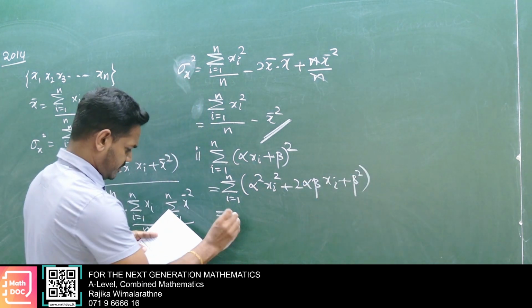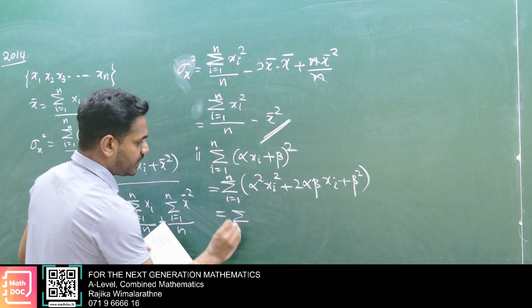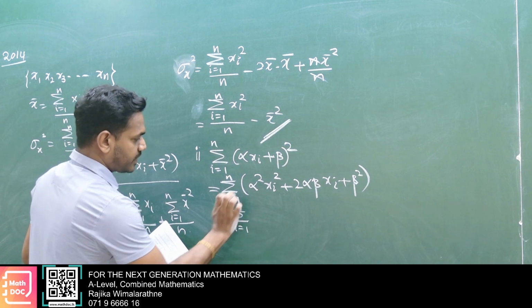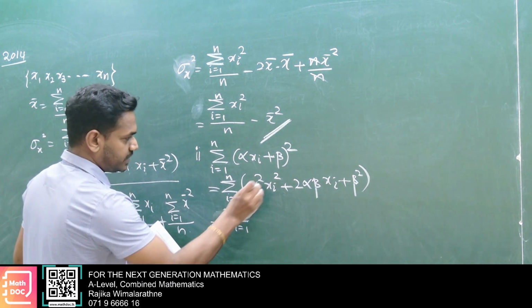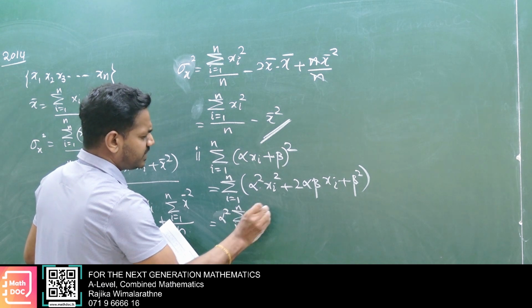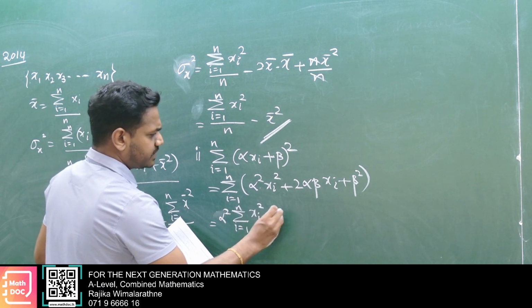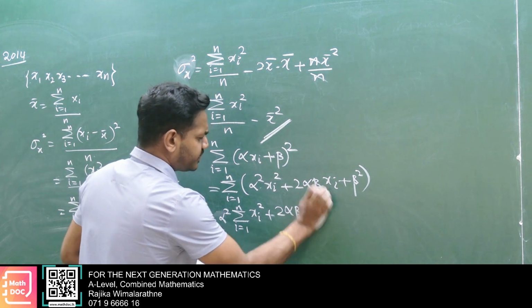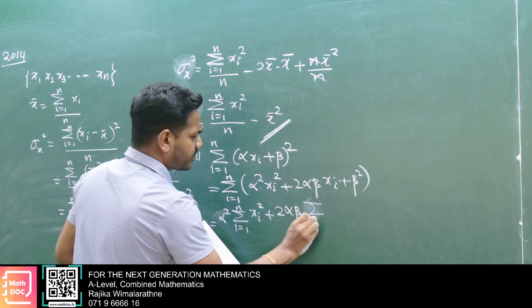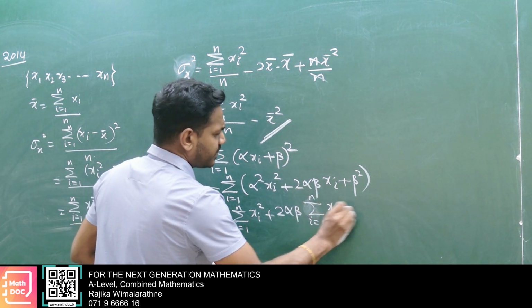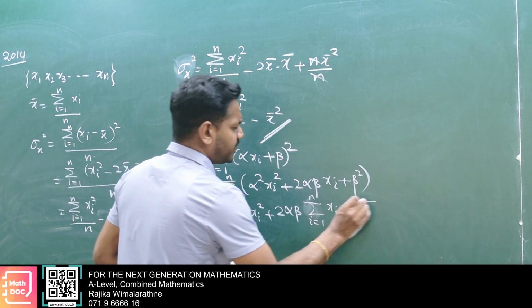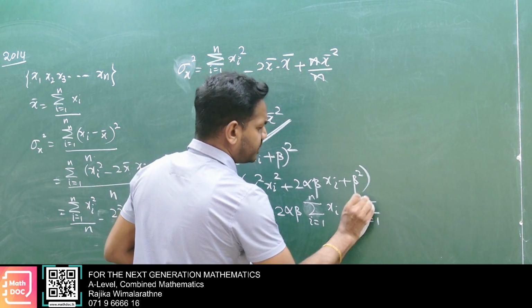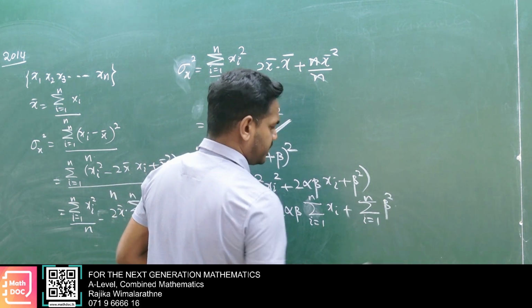Now separate the sigma. Sigma i equals 1 to n, take alpha squared outside, constant, then xi squared, plus 2 alpha beta sigma xi, plus sigma i equals 1 to n of beta squared.